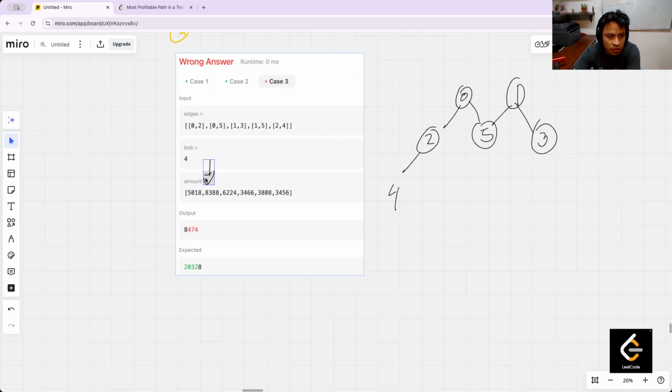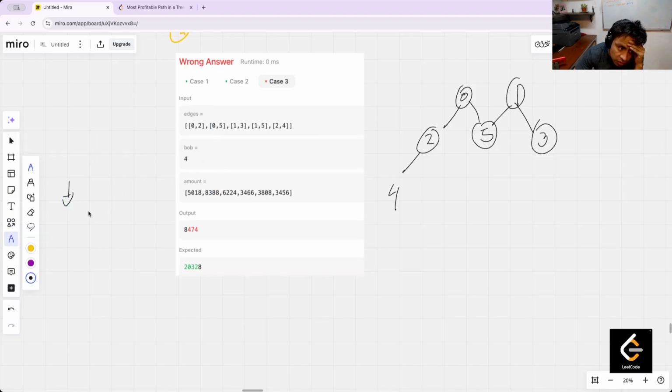In this case, 0, 1, 2. The 5, the 0, 1, this, the 5, 0, 1, 2, 3, 4, 5, this, and the 3, 0, 1, 2, 3.